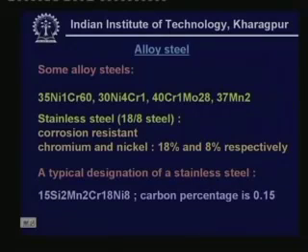All this gives you the typical composition of the stainless steel. Here the first number, 15, is the percentage of carbon, which is 0.15. In this designation nothing has been specified about the strengths and other things.